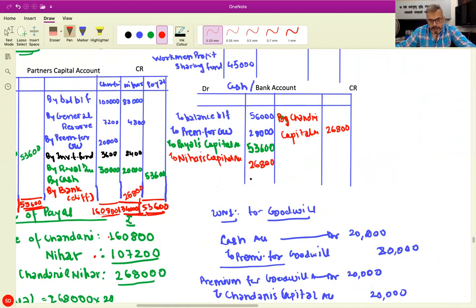Now let's balance cash and bank account by balance carried forward.